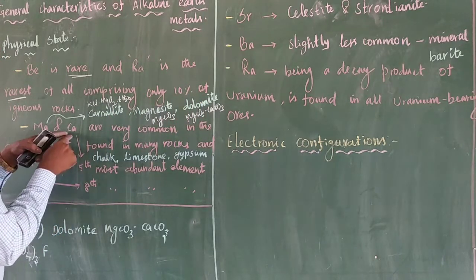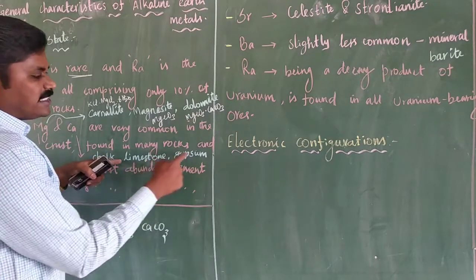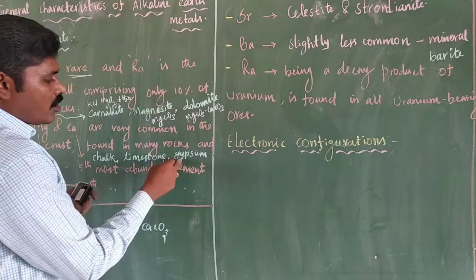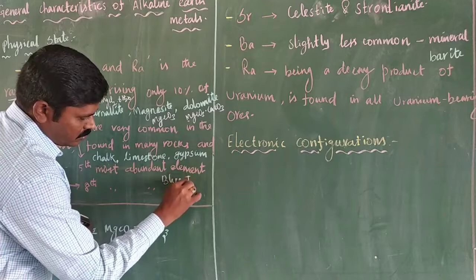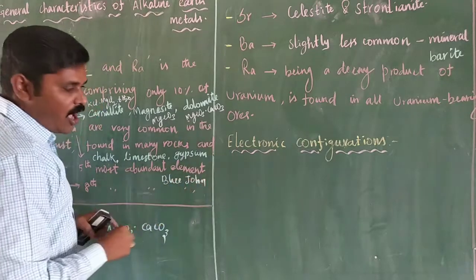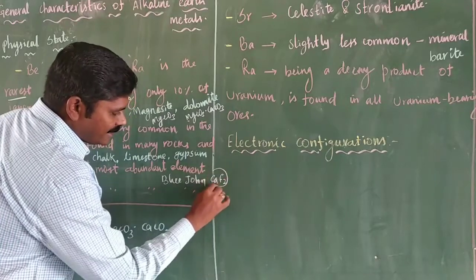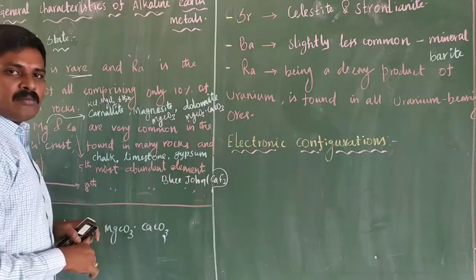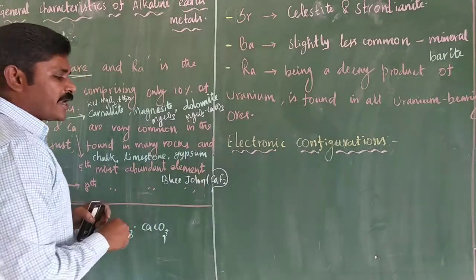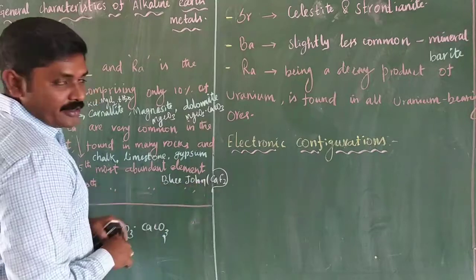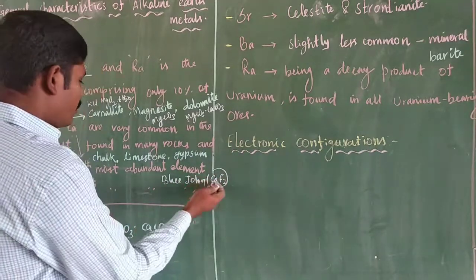Right? The minerals of calcium: chalk, limestone, gypsum and blue john. Calcium fluoride is called blue john. So one more question. Which one of the following minerals is called blue john? Calcium fluoride, CaF2, is called blue john.